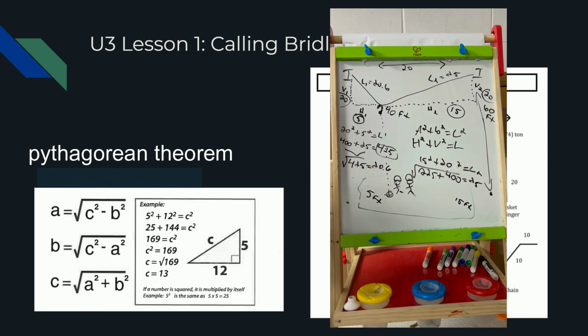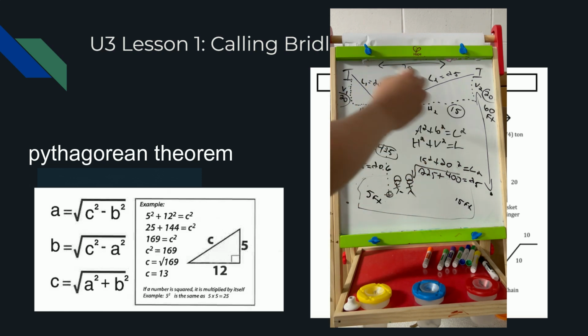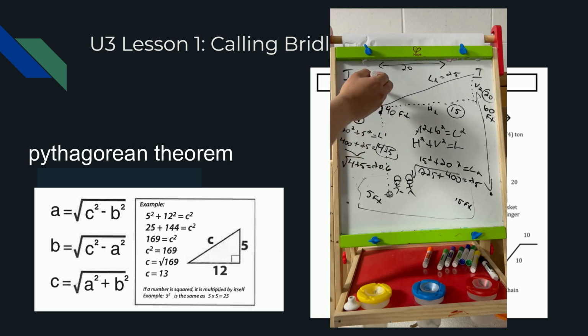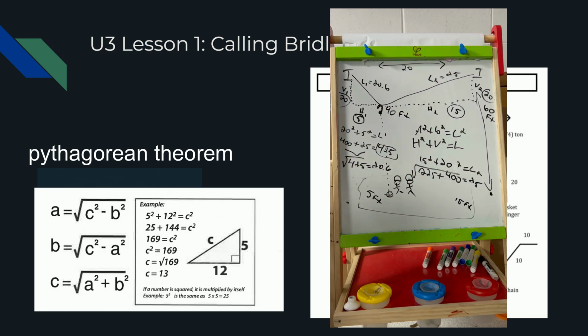Those are what both of the equations would be on each side, just to figure out these two legs. Then at that point you would have to figure out what steel you would need to make 20.6 and what steel you would need to make 25. And that, my friends, is how you calculate bridles.